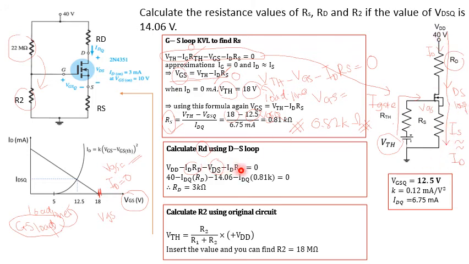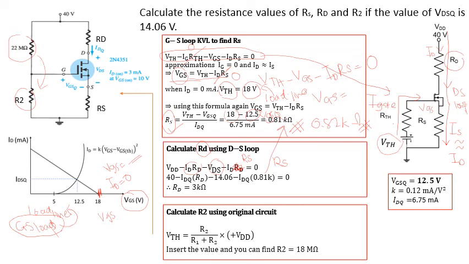Alright. So now you insert the values. This one is the IDQ, then minus 14, which is the given VDSQ, minus IDQ times RS, and then insert the value of RS. Wait, one correction: it is RS, and we already have the RS.